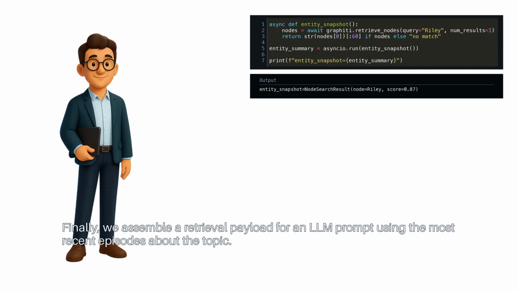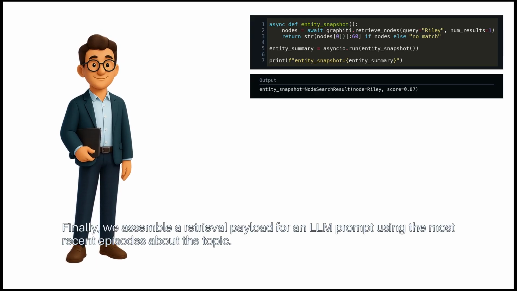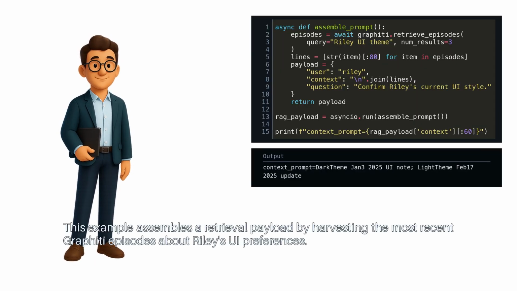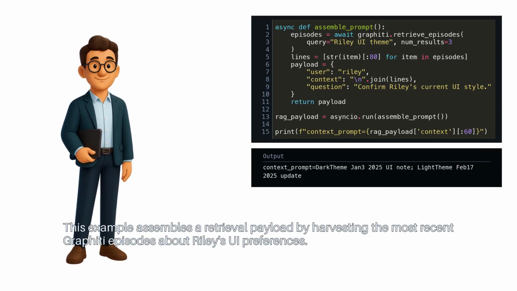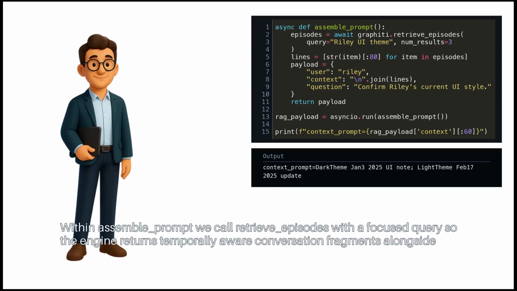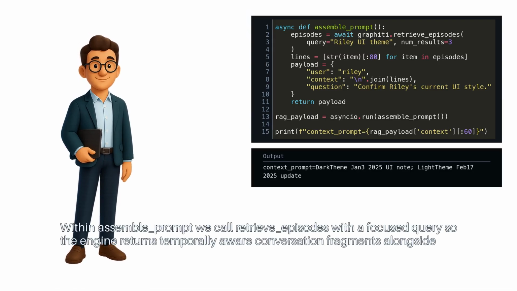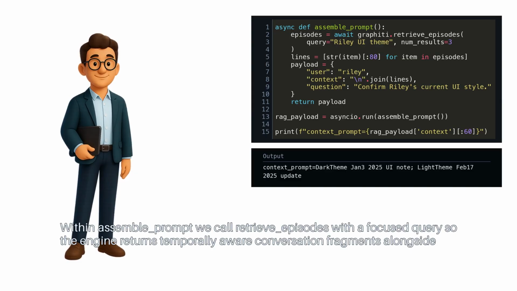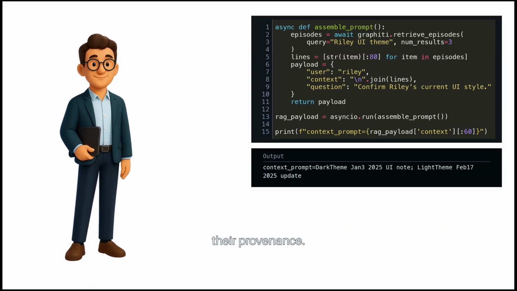Finally, we assemble a retrieval payload for an LLM prompt using the most recent episodes about the topic. This example assembles a retrieval payload by harvesting the most recent Graphiti episodes about Riley's UI preferences. Within assemble prompt, we call retrieve episodes with a focused query, so the engine returns temporally aware conversation fragments alongside their provenance.